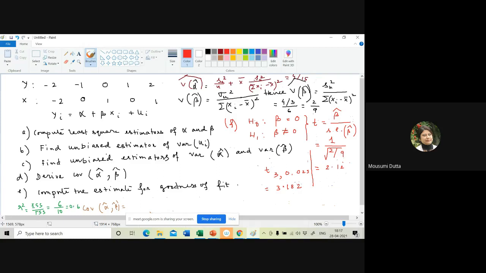Okay, here the coefficient is zero parameter type hypothesis. We are finding that the estimated value is less than that of the tabular value. So here we will accept H0.